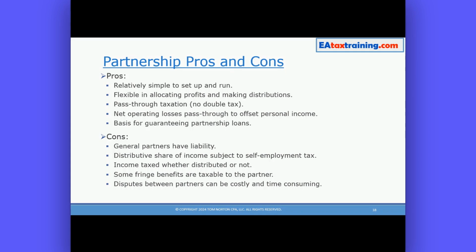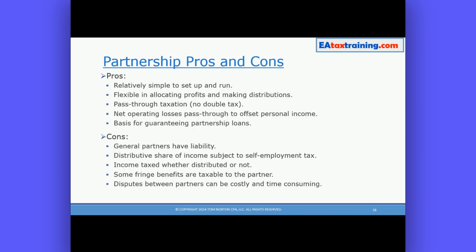And why that is important is that can allow the partners to deduct some losses on their personal tax return that an S corporation owner would not be able to deduct on their personal income tax return. So again, it is comparing the partnership to the S corporation where that pro comes into play.